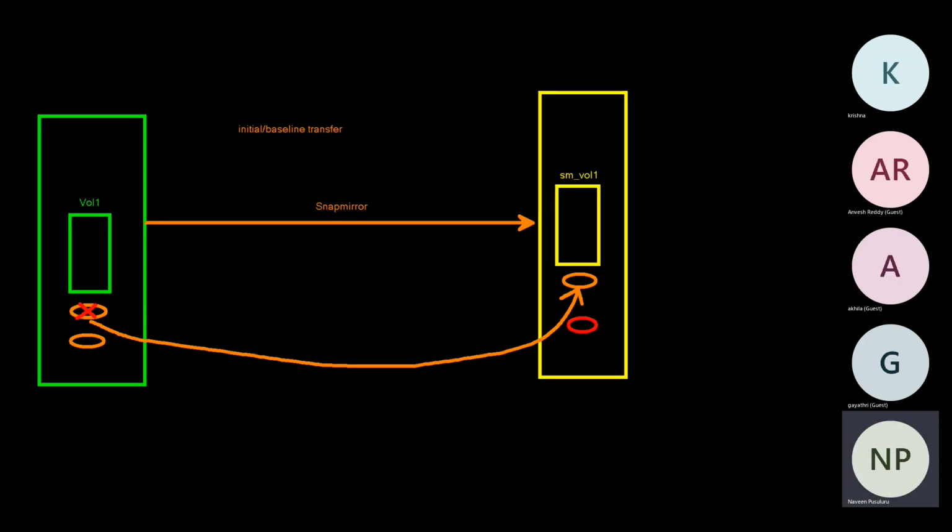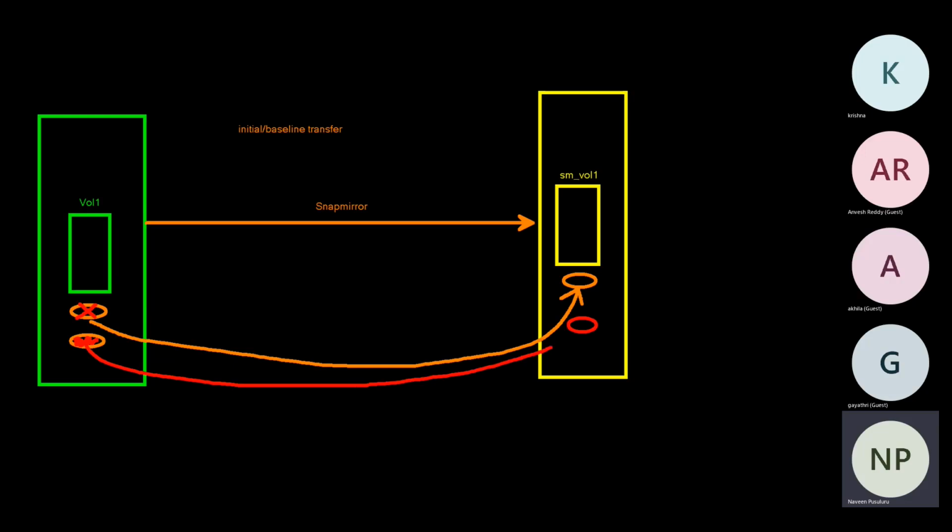Sometimes they might maintain multiple snapshots for certain reasons, but mostly it will use only one snapshot. Again, after that, whatever data changes happen will be captured by this snapshot on the source.